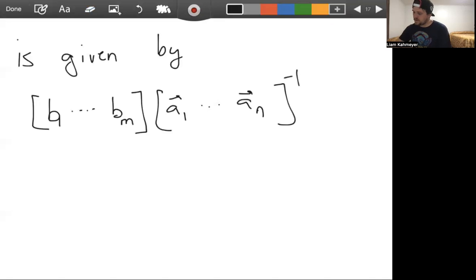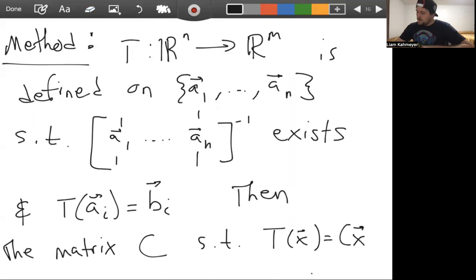And then we take the inverse, and this is our matrix that represents this transformation. And so this is the general method, right? When you don't know how it acts on basis vectors, you just know how it acts on some collection of vectors, well, you compute the inverse.